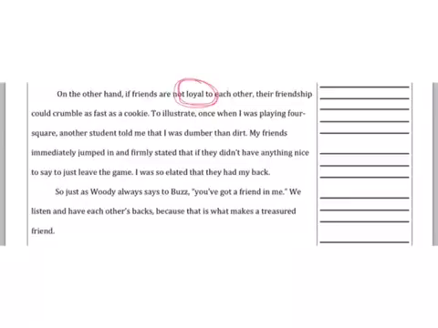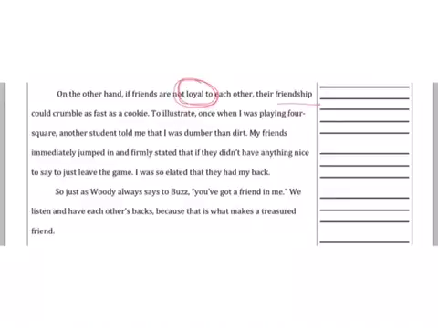At the end, I wrapped it up. So just as Woody always says to Buzz, you've got a friend in me. We listen and have each other's backs because that is what makes a treasured friend. All right, so think about again, what were my reasons? My topic was friendship.